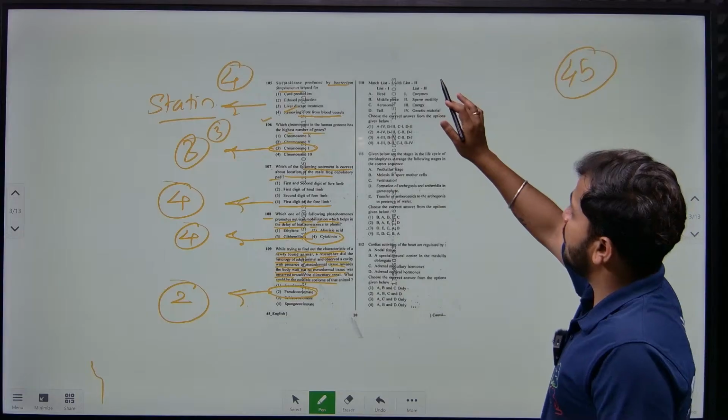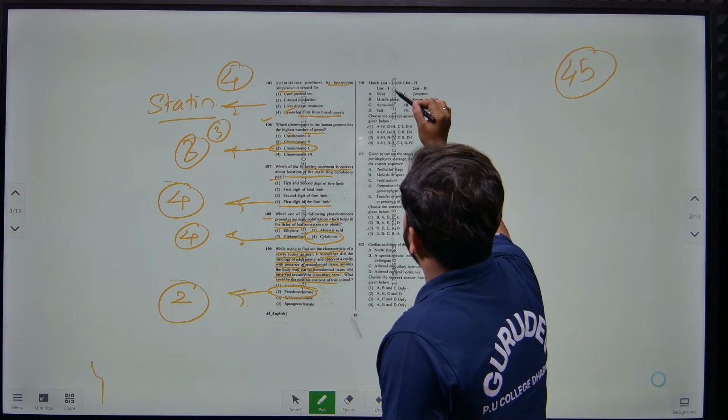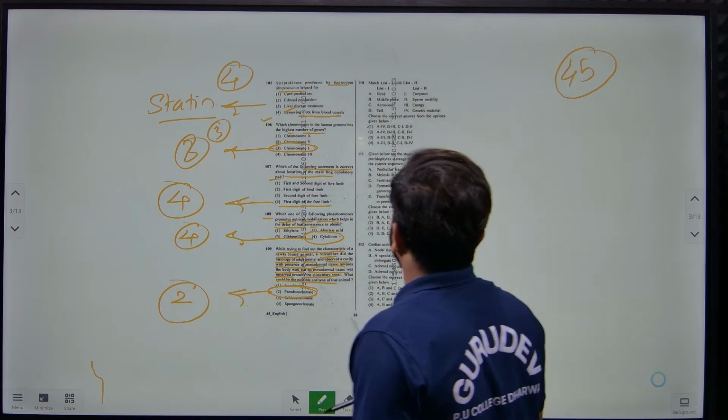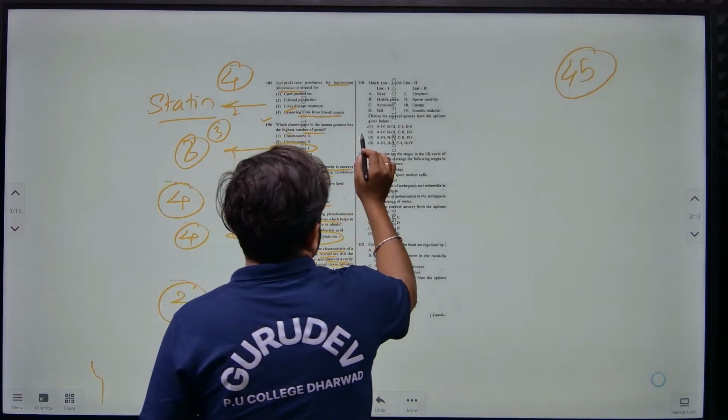Then moving on to the next question, again match the column. They have mentioned head, middle piece, acrosome and tail. Based on that I should find the correct match.